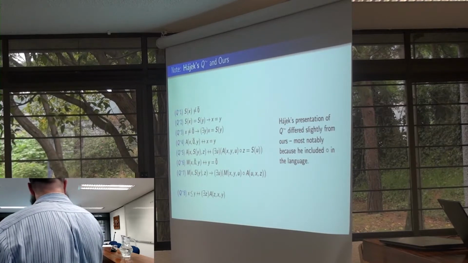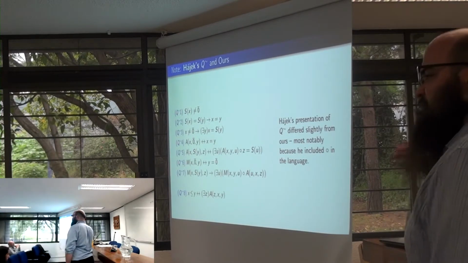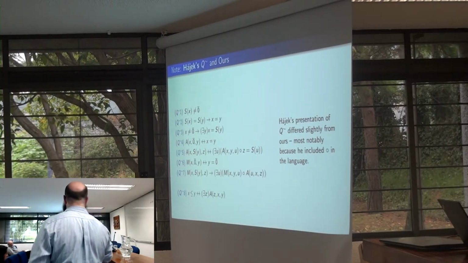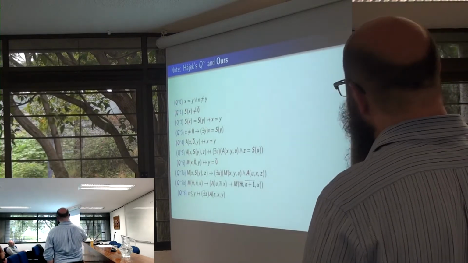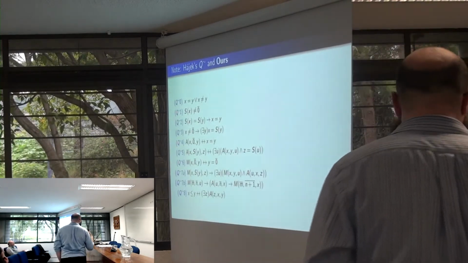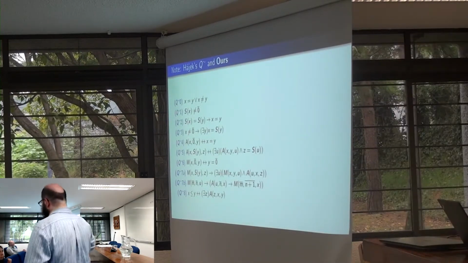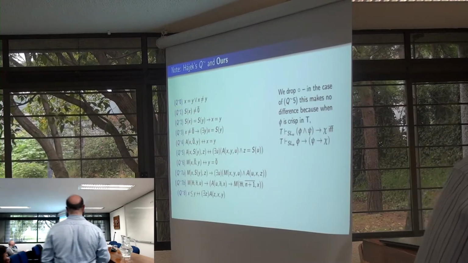We didn't even include fusion in the language, so this presentation was not an option. This is the system that Hayek gave. And for the system that we gave, I'll say a little bit to justify why it is in fact equivalent, in Hayek's logic and in our logic, to Hayek's original presentation.